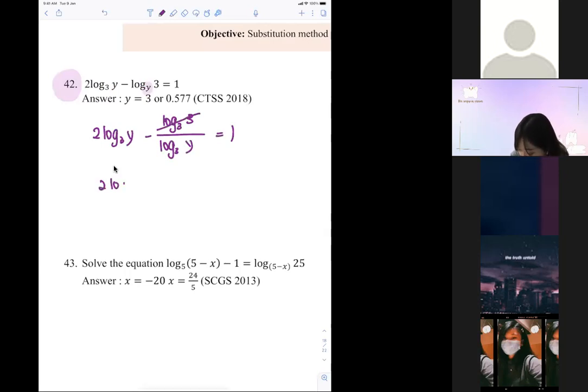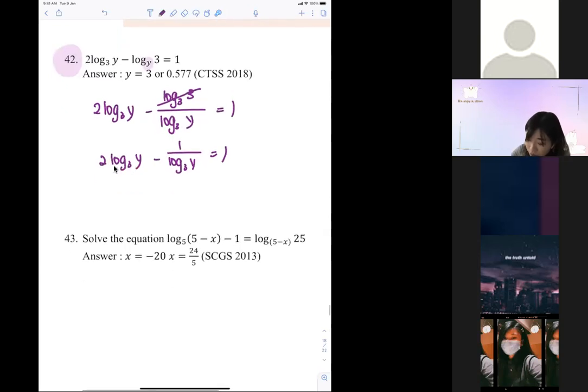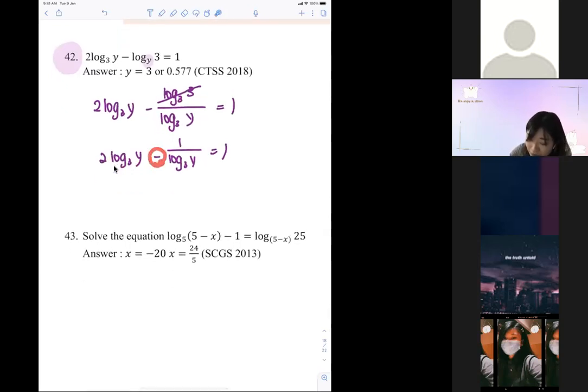Then you have 2 log 3y minus 1 over log 3y equals to 1. Can you see log 3y on top and log 3y below? There's no way you can make something the subject. So we don't know what to do from here. Plus in between is a minus. There's no way you can change it to divide. So because of this, we just let log 3y equals to u.